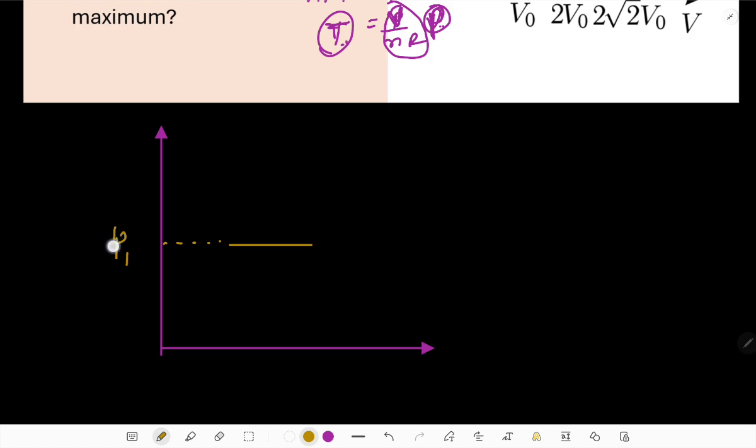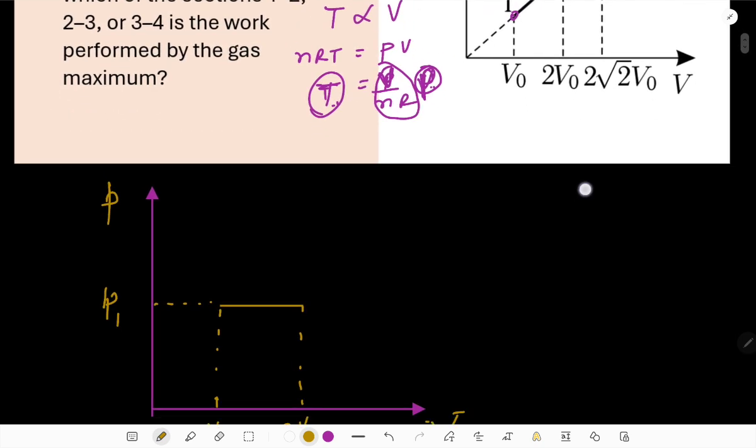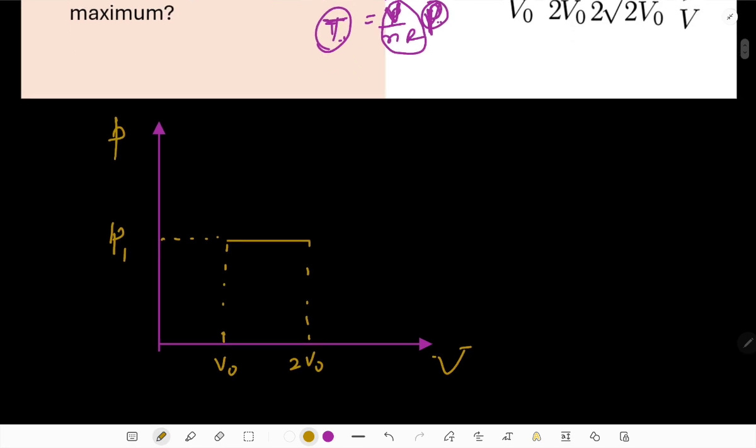I can write it P1, P2 or P4, and then this will become the 1 to 2 process on the PV diagram, and the volume here was V0 and here it was 2V0. I can see from here.